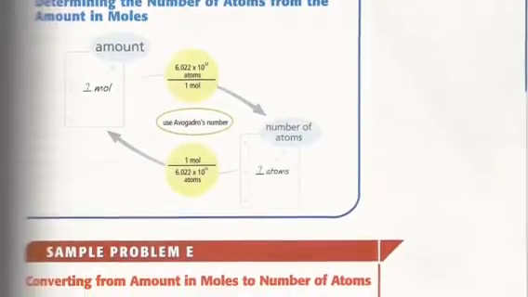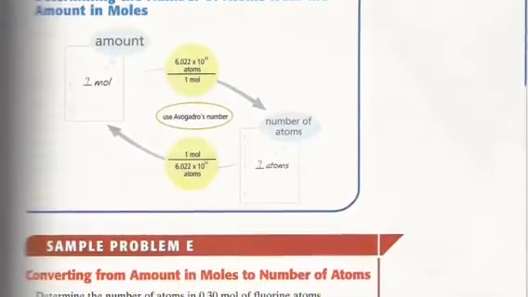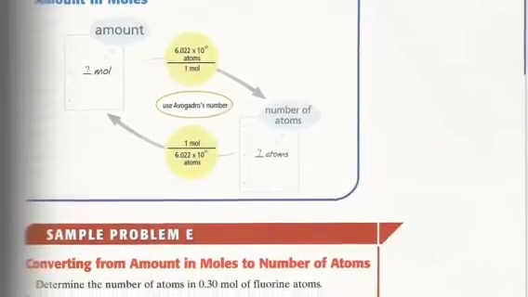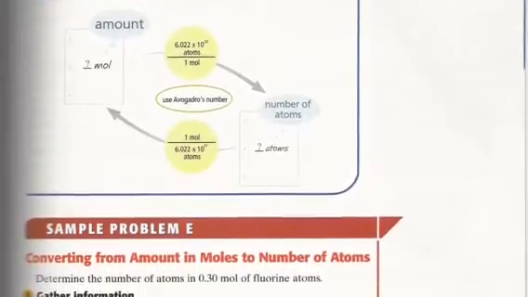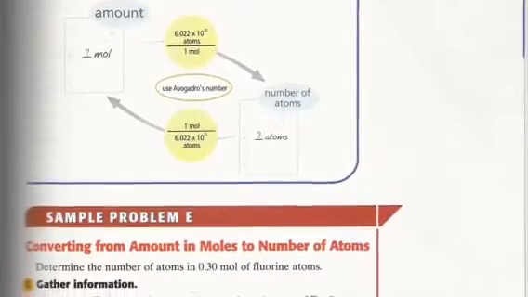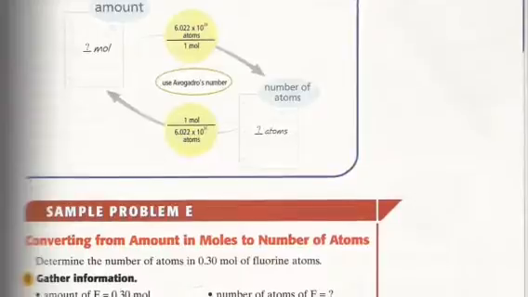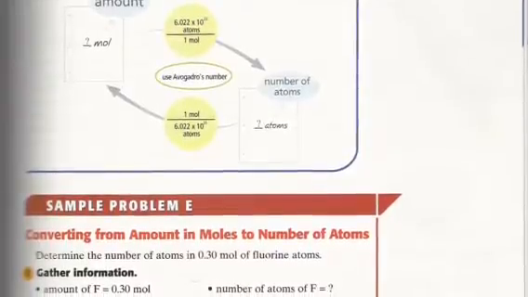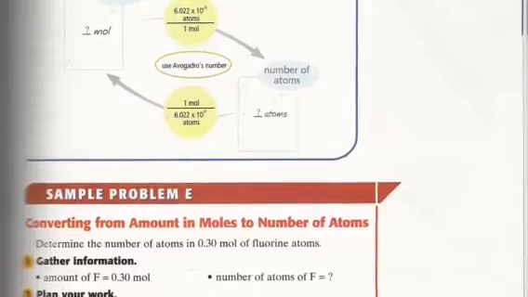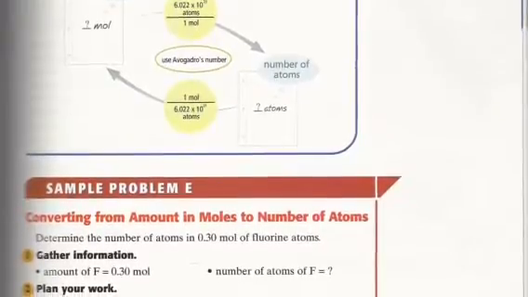And that leads us to our number of atoms, which we have a question mark for. In our bottom center box, we have 1 mole divided by 6.022 times 10 to the 23rd atoms, which will lead us back to our moles. So the point here is that they are interchangeable by using Avogadro's number.